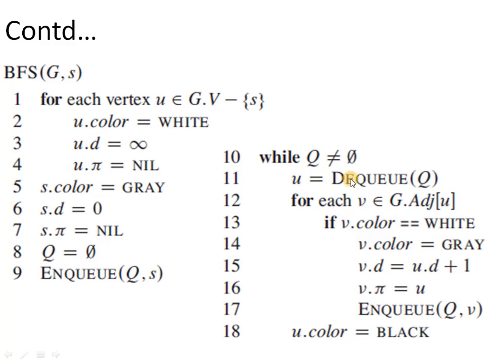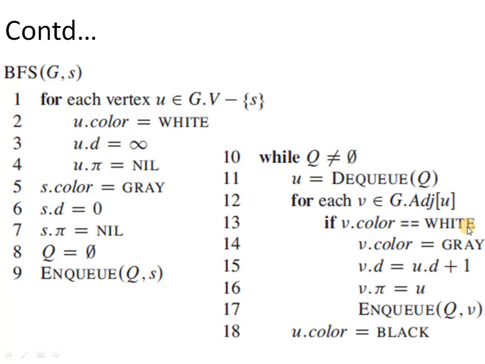So what we have to do is DQ the vertex, and then look at the adjacency list corresponding to the DQ'd vertex. We are maintaining the graph with the help of adjacency lists, and this Adj[U] within the square brackets is used to represent the adjacency list corresponding to vertex U, and G is the graph. So V represents any vertex which is present in the adjacency list of U. For all the adjacent vertices, we have to check if their color is equal to white.